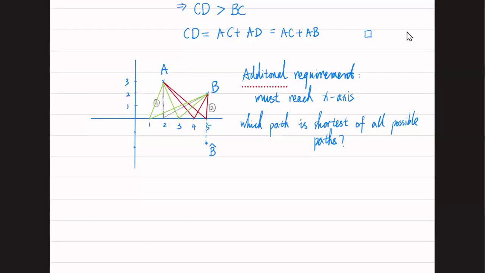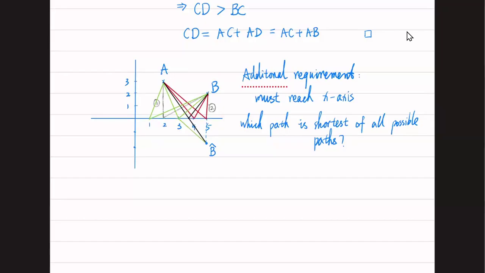Then I will connect A with the image of B. Okay, then I connect. Let me make further connections. Oops, sorry.